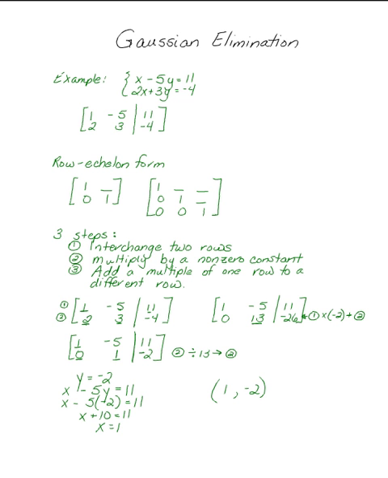So what I'm going to do is take row 3. I'm going to divide it by negative 5 and just put that right into row 3. That'll get me a 1 in that position. 0 divided by negative 5 is 0. So these are zeros. Negative 5 divided by negative 5 is 1. And 15 divided by negative 5 gets us negative 3. At this point, my matrix is in row echelon form, and I am ready to actually solve for my variables.